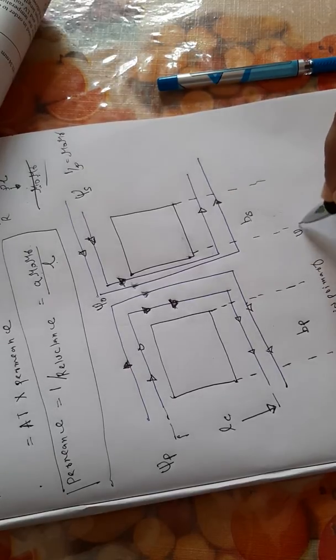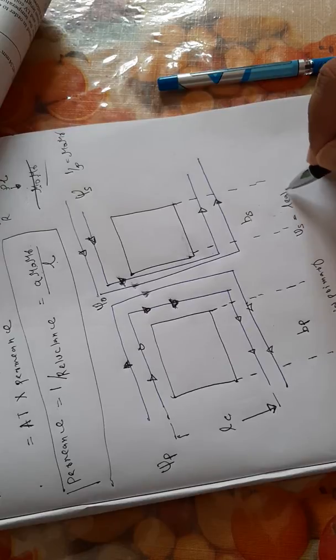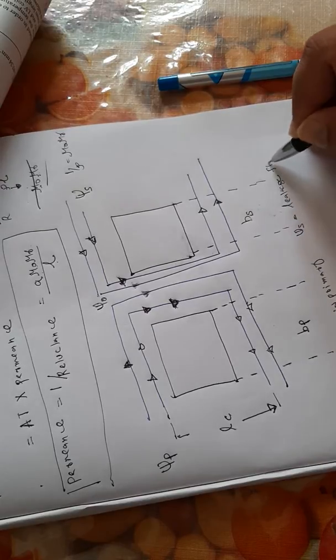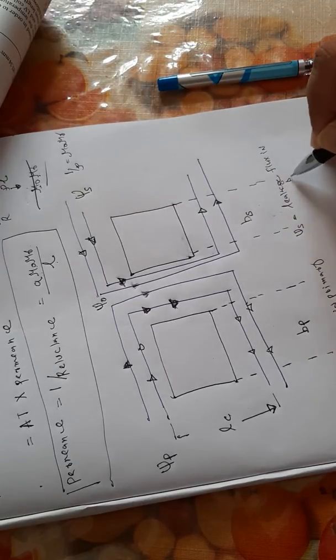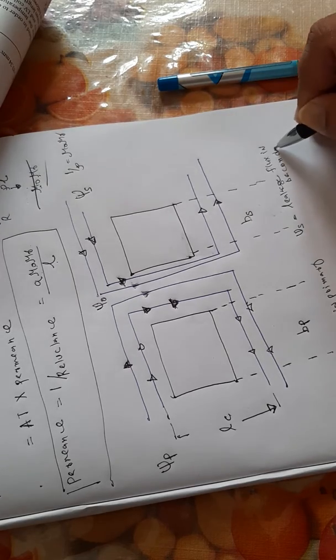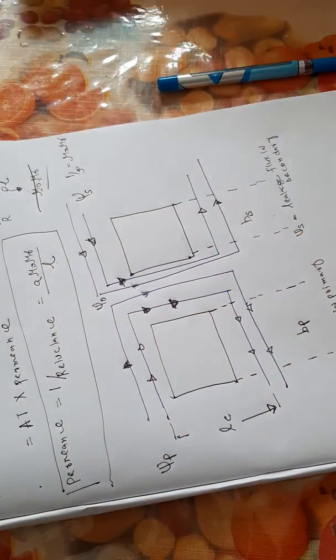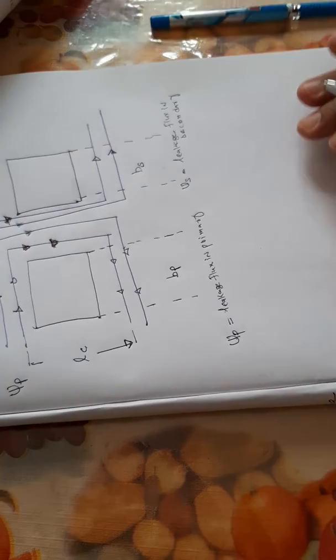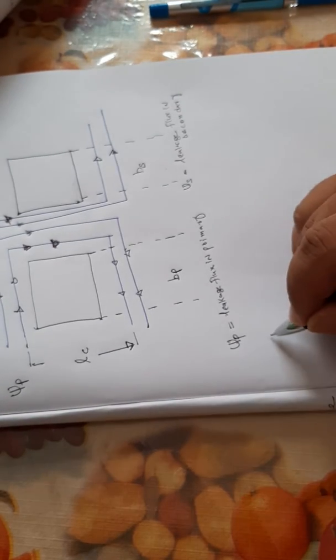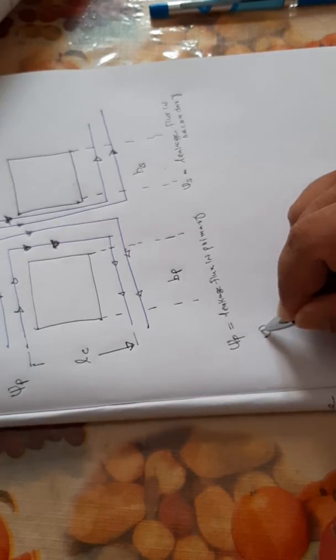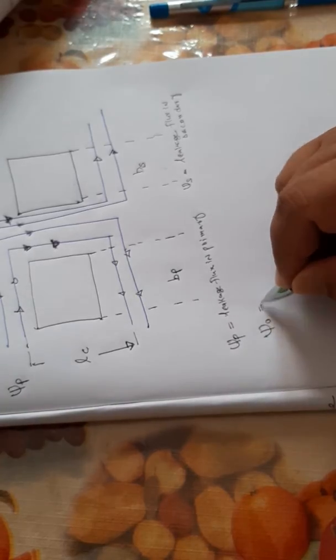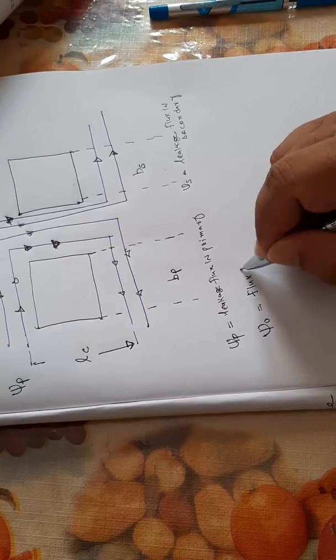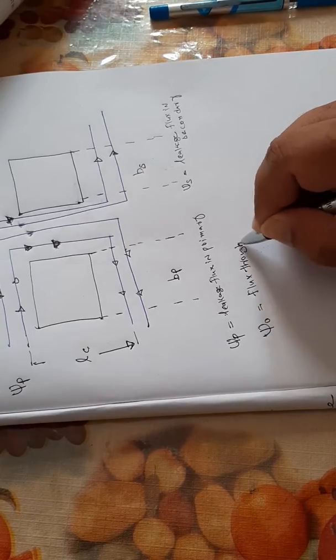Similarly, psi S is the leakage flux in secondary. Now we have our psi naught. This is your flux through the duct.